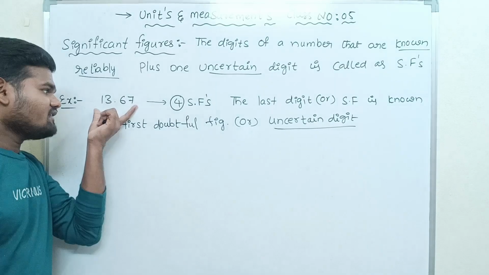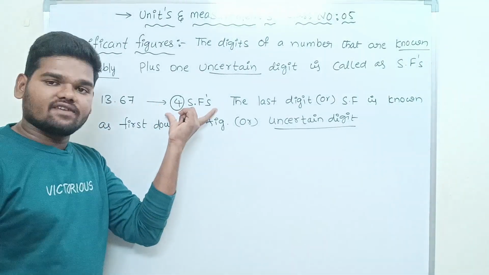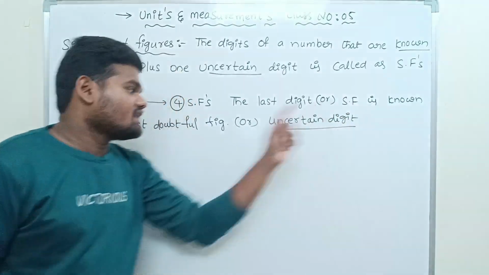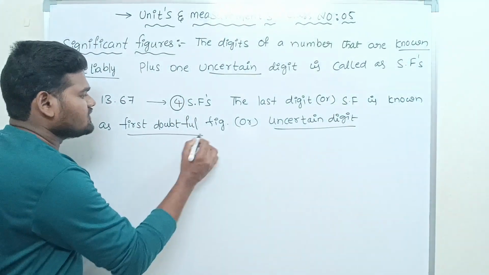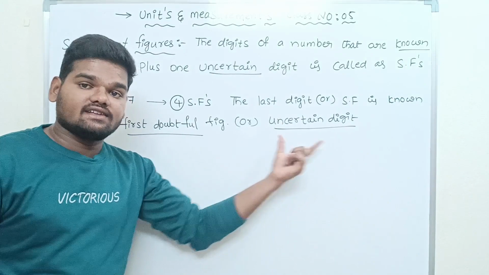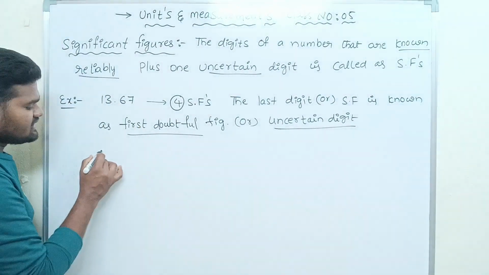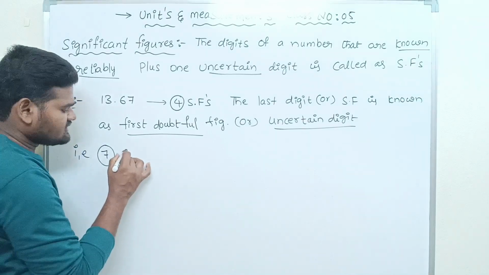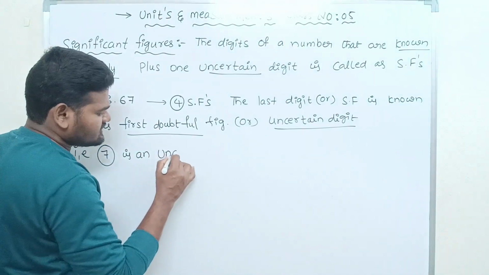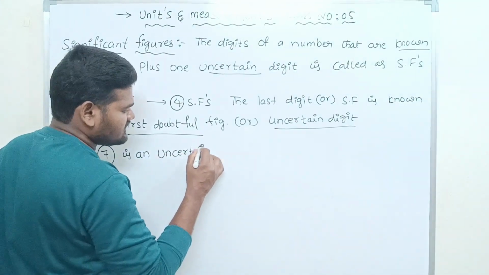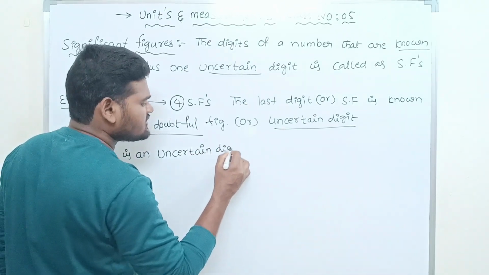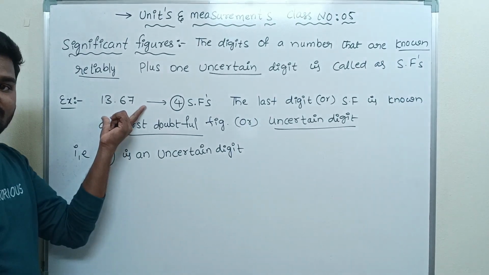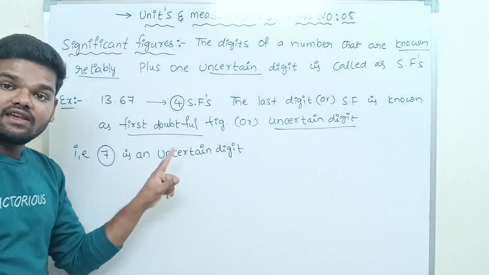So in a given number, we have 4 significant figures, and the last digit, or the last significant figure, is known as the first doubtful figure or an uncertain digit. What is the last digit in the given number? That is 7, an uncertain digit. That means it may or may not be true in the given number. It may exist or may not exist.